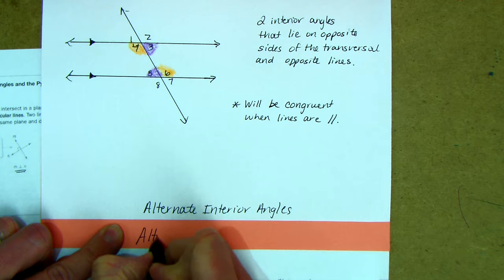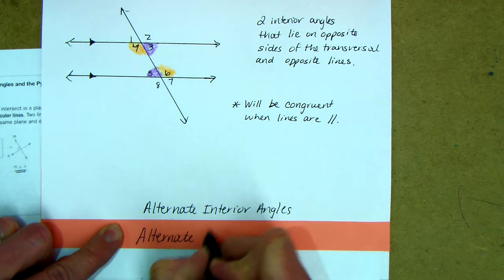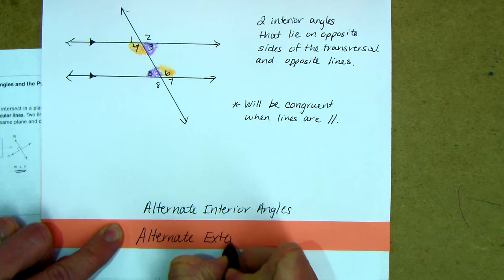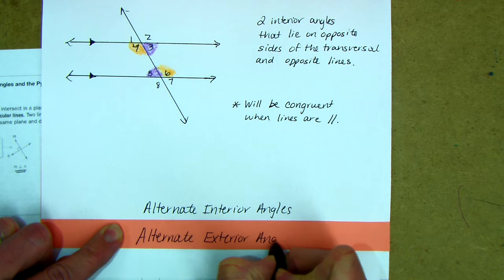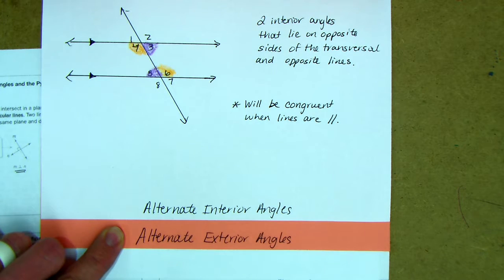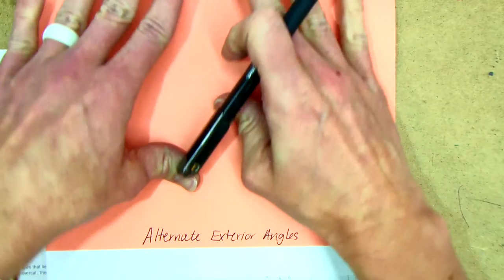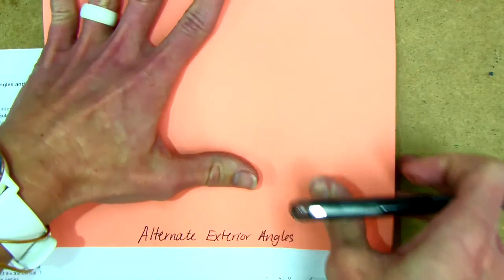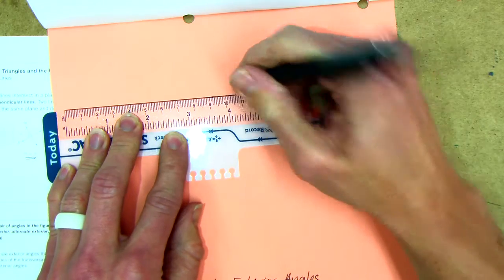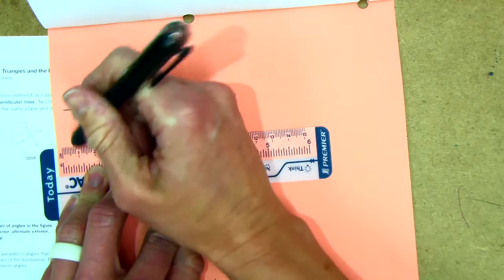Another set on the next tab, we've got alternate exterior. This is very, very similar. Again, I'm going to draw parallel lines. So you probably want to get a straight edge. I should have said that earlier. So here are my pretty close to parallel lines.